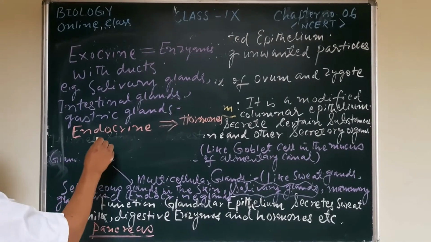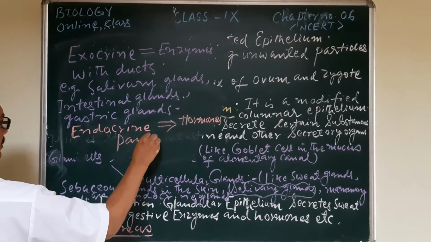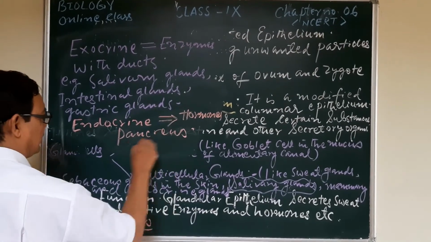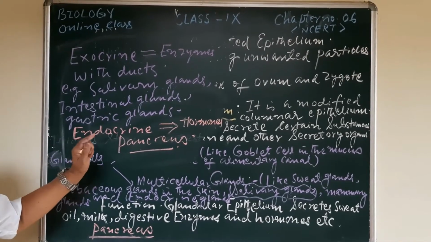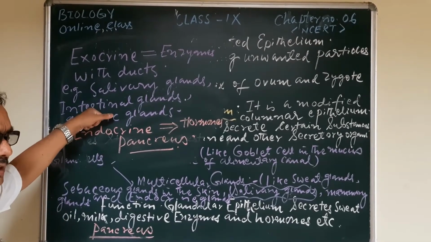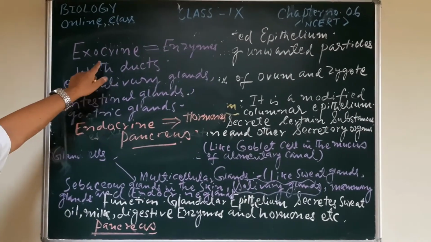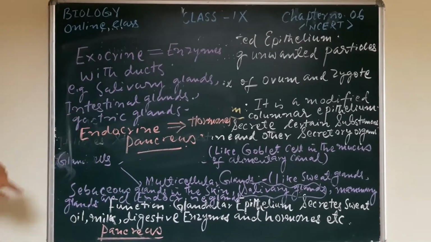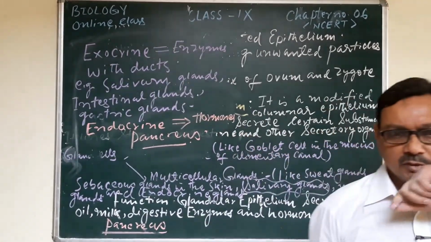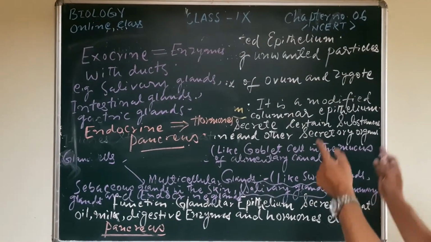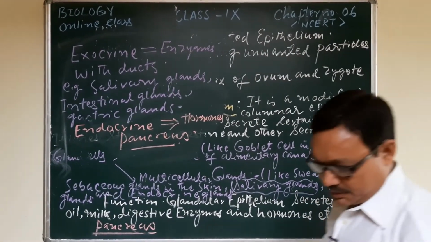Endocrine example, pancreas. There are so many other examples also, like the pituitary gland, like the thyroid, etc. So here are some descriptions about the types of epithelial tissue. To make a note depending upon all these facts.